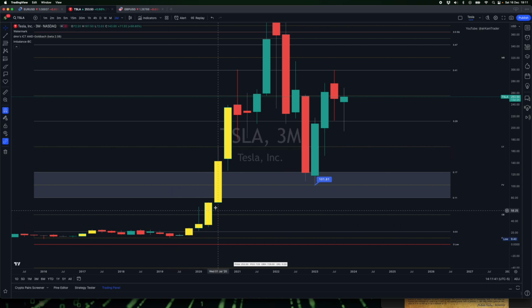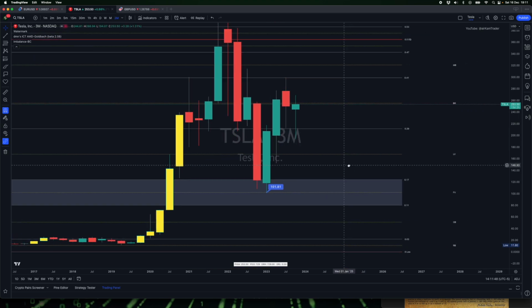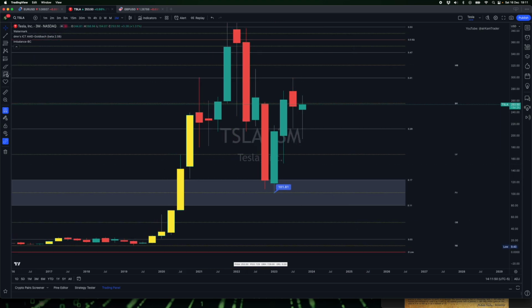So this was the 3-month target of this candle. It was to hit consequent encroachment and then retrace back. I'll show you the exact prices. 167.5, 167.67, within 17 cents, now we're talking. So that's the second piece of evidence.